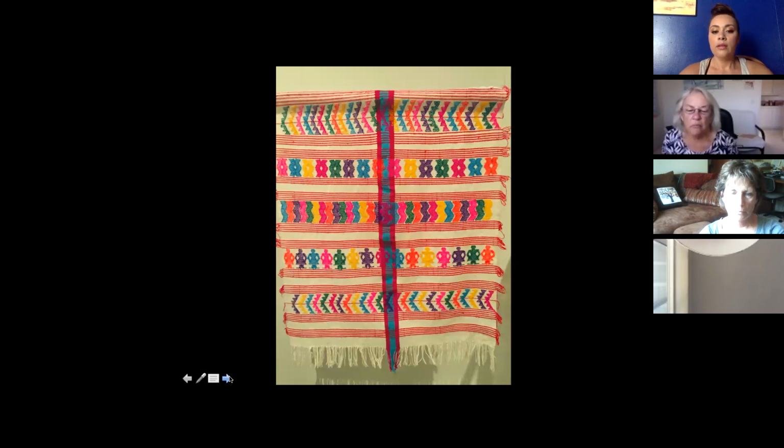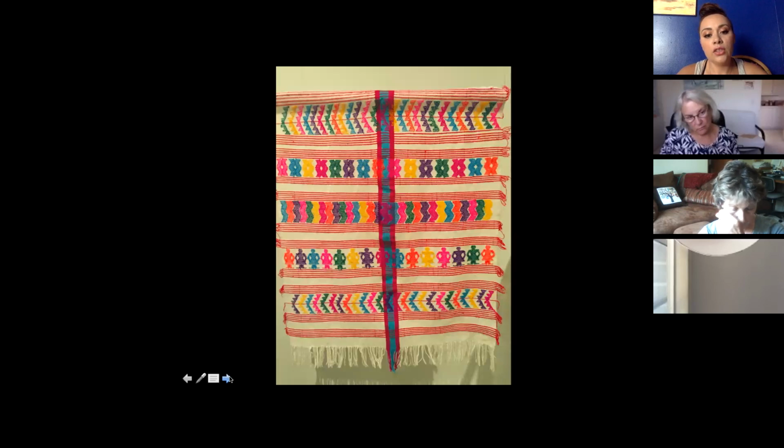So textiles are something that were made to be worn, but they're also made as blankets, as curtains, as rugs, as clothing. So they're useful, but they're also beautiful. Back when it was backstrap weaving only, the women did all the weaving, and when the big looms came, the men started doing the weaving because it required a lot more strength and force to run the big looms.